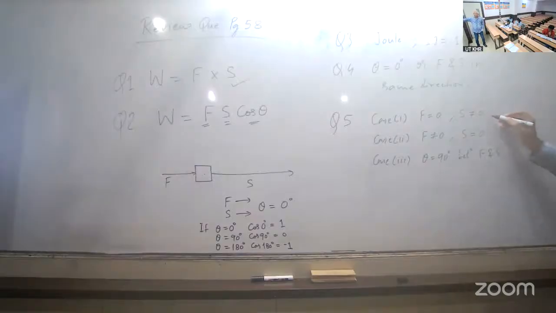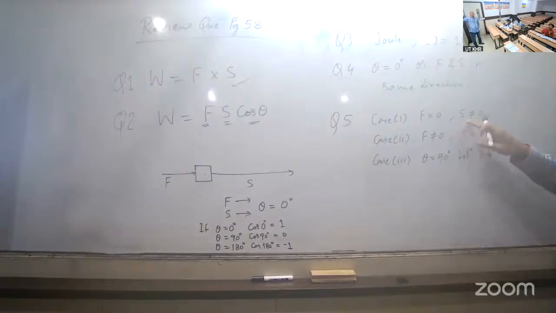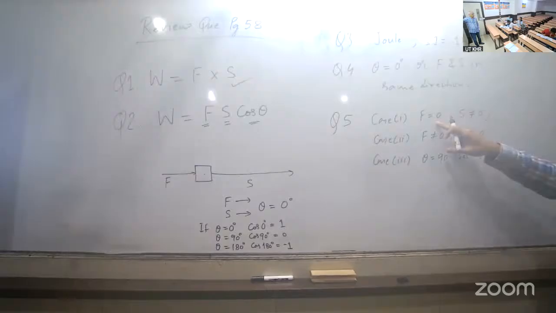So where is this possible? What is the example of the first case? When force does not act while displacement is taking place. So either the body is undergoing uniform motion. During uniform motion, there is no acceleration. Acceleration is 0, so force will be 0.